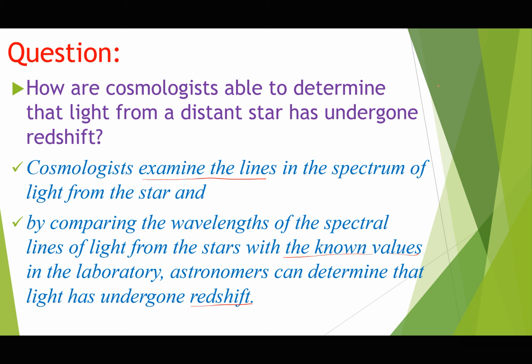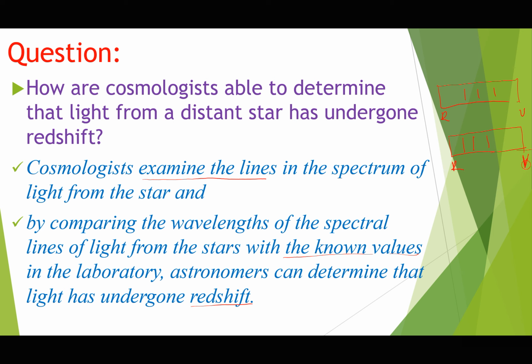So if in the laboratory this is the continuous spectrum ranging from red to violet, and we know that the position of the lines, let's say passing through hydrogen, are these three lines seen in hydrogen. Then if we observe light coming from a distant galaxy and we notice that the position of these lines has been shifted slightly towards the red end of the visible spectrum, this is the red end, that is the violet.